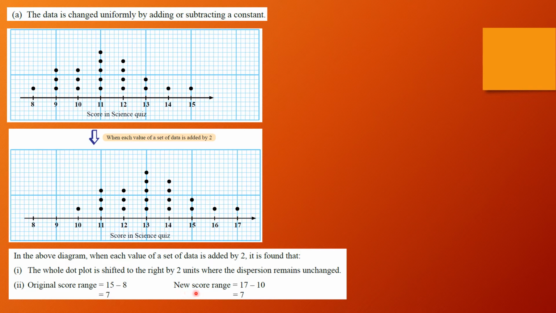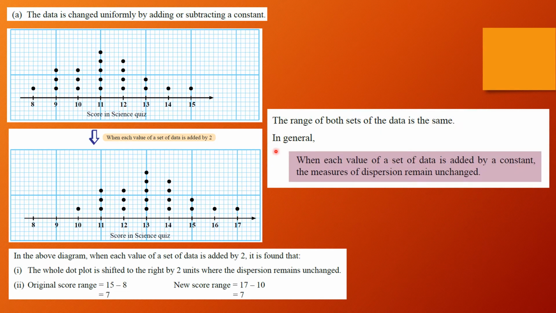The new score range, the largest score 17 minus the smallest score 10, is also 7. So the range of both sets of data is the same. In general, when each value of a set of data is added by a constant, the measure of dispersion remains unchanged.